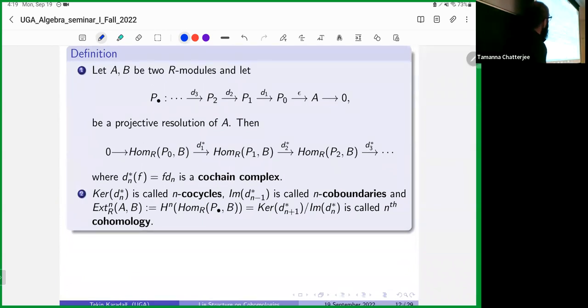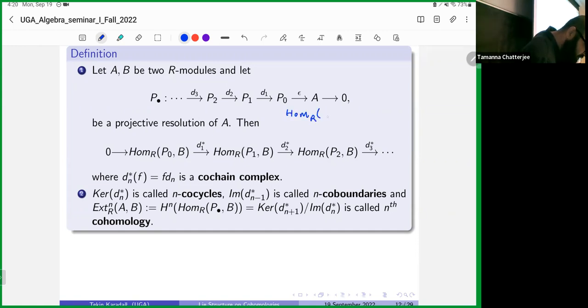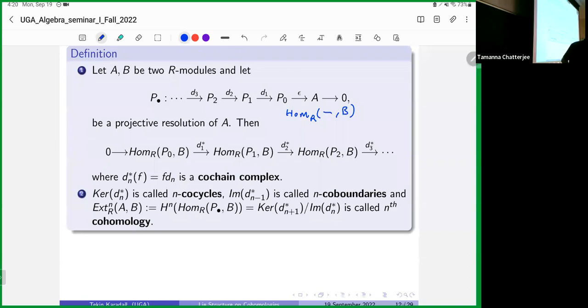And now let's say we take the same resolution and then we apply Hom to that resolution, Hom of the resolution into another module B. Then we get this resolution, and we omit the first term.